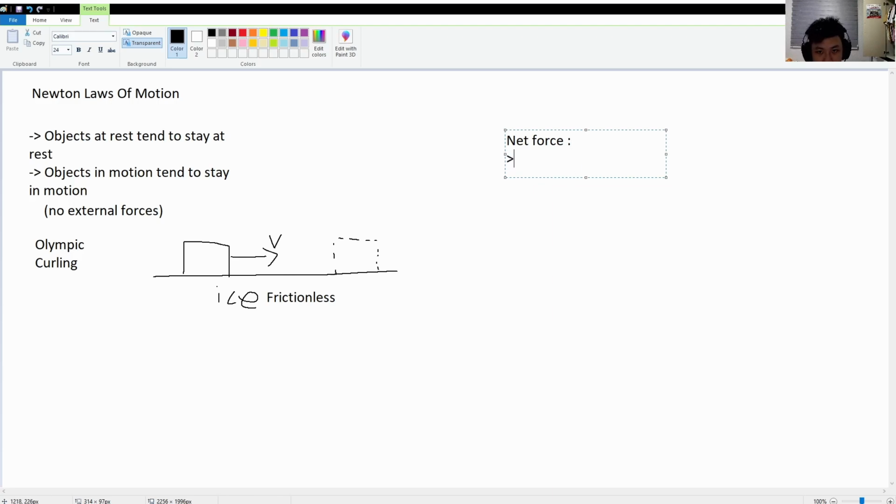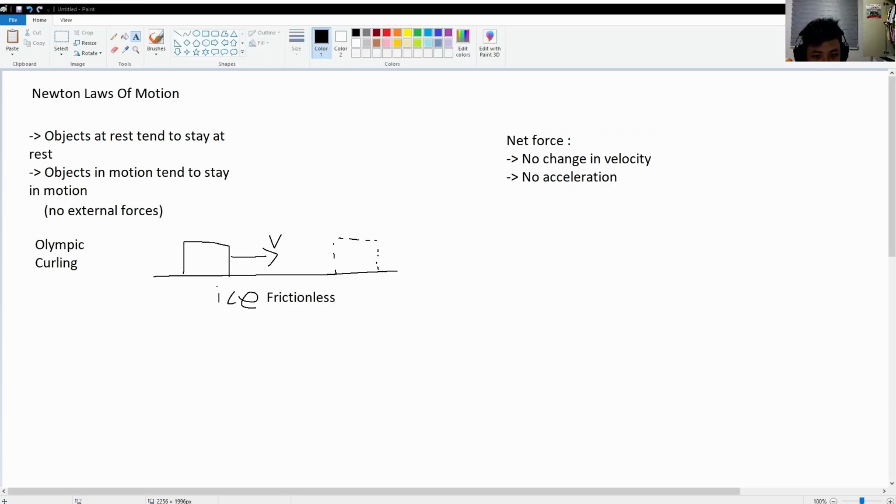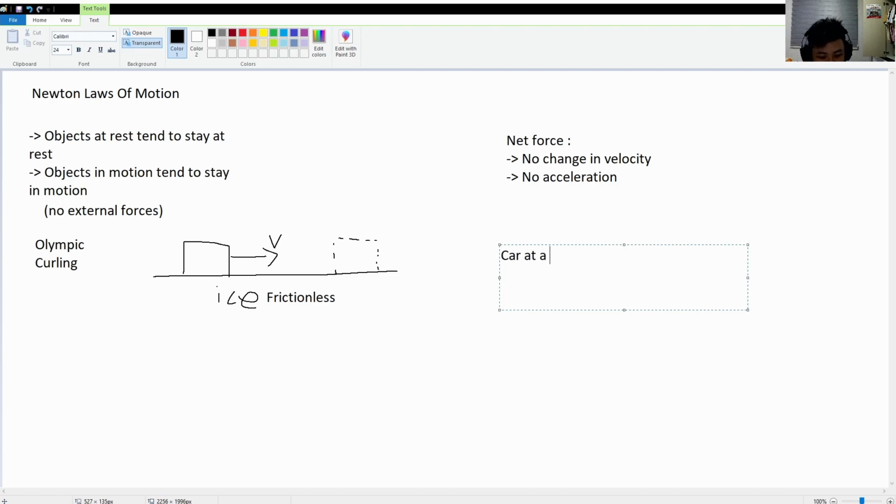So no change in velocity, and no acceleration. And so let's say you're doing the following experiment. A car at a constant speed. Let's say you're driving down the road in your car at a constant speed in a straight line.